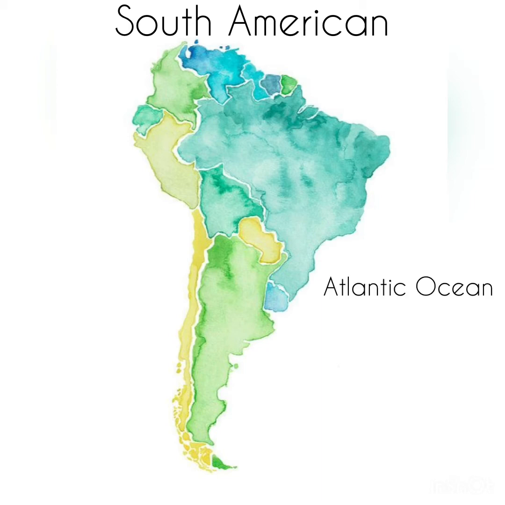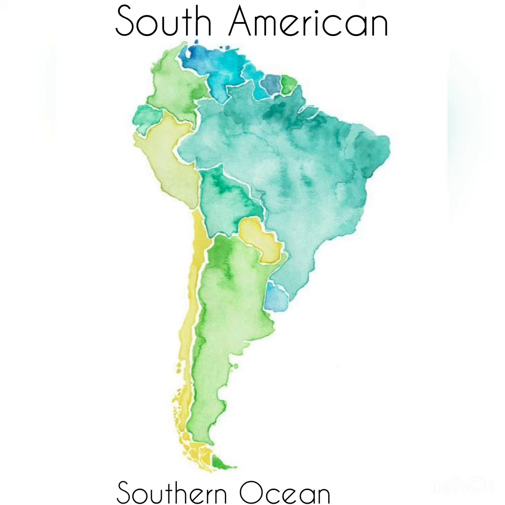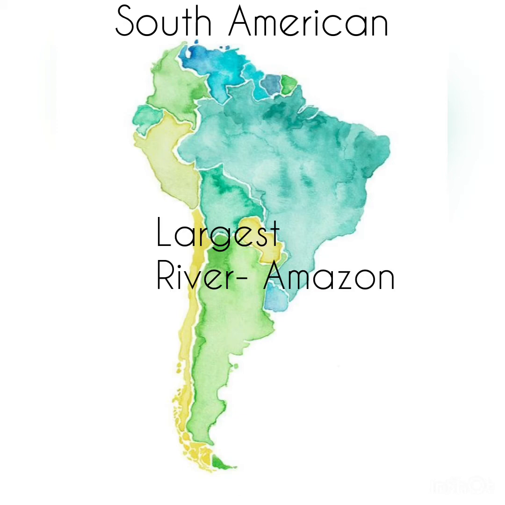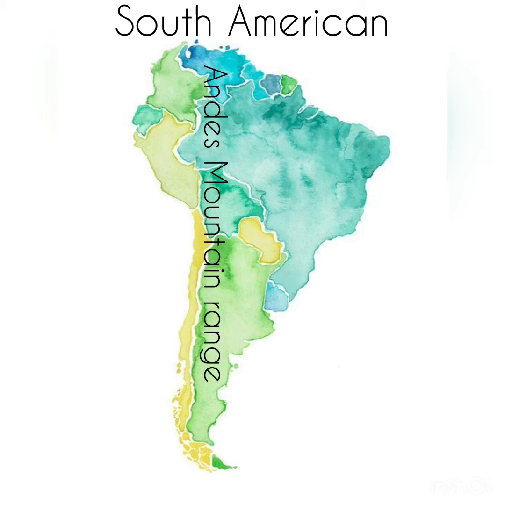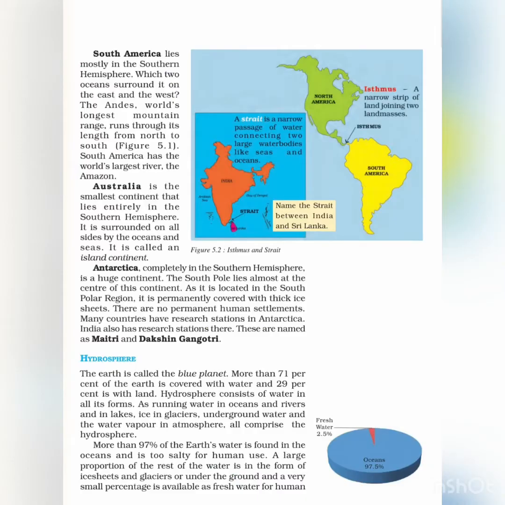It has the Atlantic Ocean in the east, Pacific Ocean in the west, and Southern Ocean in the south. It is the home of the world's largest river, the Amazon. The Andes mountain range, which runs through its length from north to south, is the longest mountain range in the world.